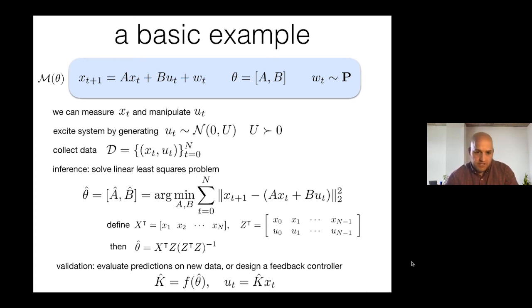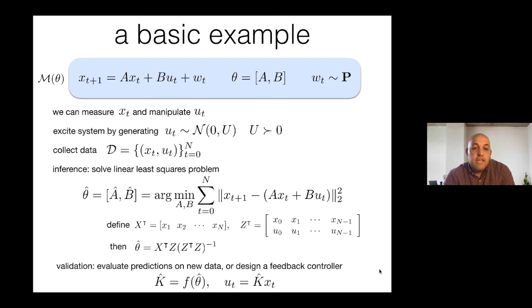More specifically, you can stack all of your state data into this vector x, and then stack the state and input data shifted back by one time unit into this matrix Z. And here is the general form for this model estimate theta hat. It just involves some matrix multiplications and inversions to get this estimate.